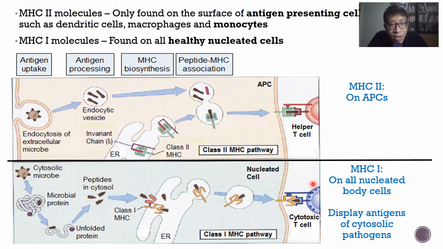As long as our cells become infected, they can tell the cytotoxic T cells that they are infected and therefore get killed by the cytotoxic T cells to prevent further spreading of, say, the virus. So, two types. But our focus in this part of the lecture would be on the MHC class 2 because we are talking about antigen presenting cells, to link the innate and the adaptive immune systems. But know that there are MHC class 1 molecules as well.